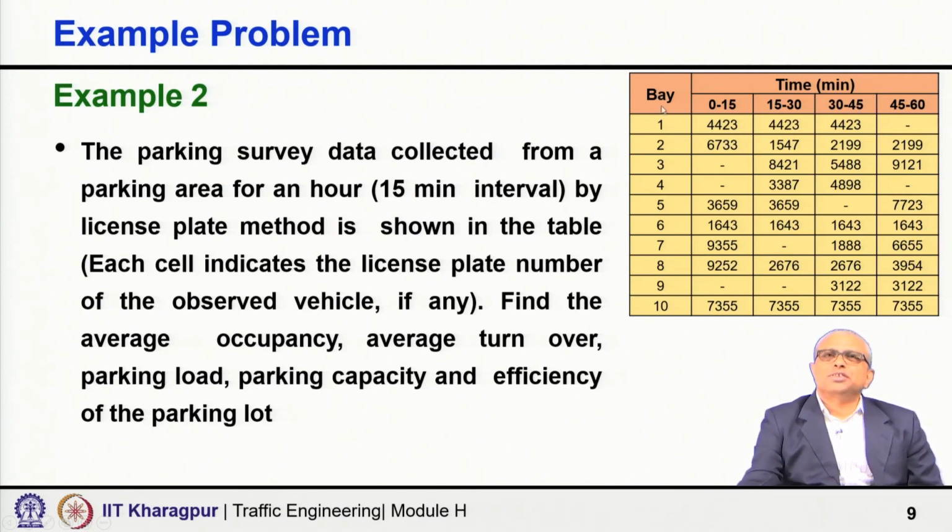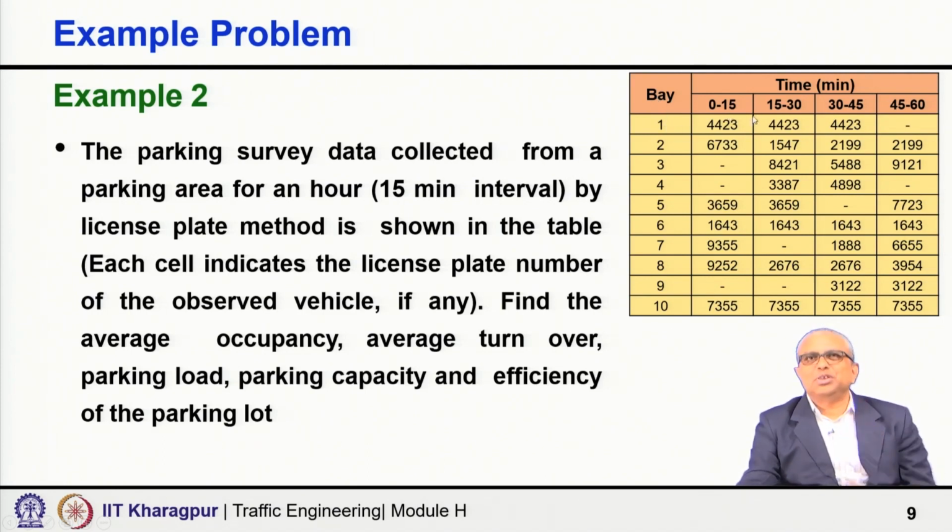So, let us say bay 1, 0 to 15 minutes, when you have taken the beat, you found a vehicle was parked, the registration number's last 4 digits are 4423. Then in 15 to 30 minutes, you make one more beat and you find the same 4423. 30 to 45 minutes, again you make a beat, you find a vehicle and it is the same vehicle.